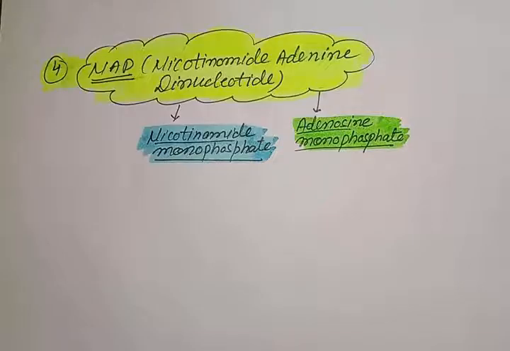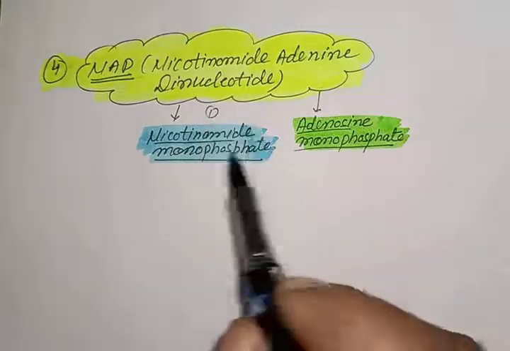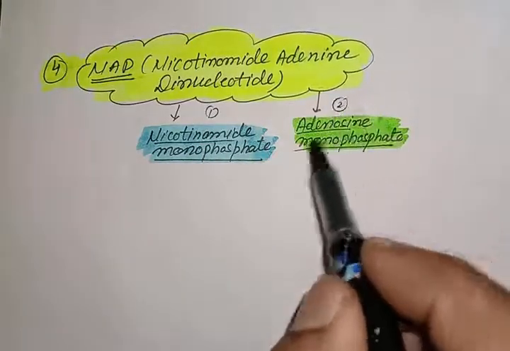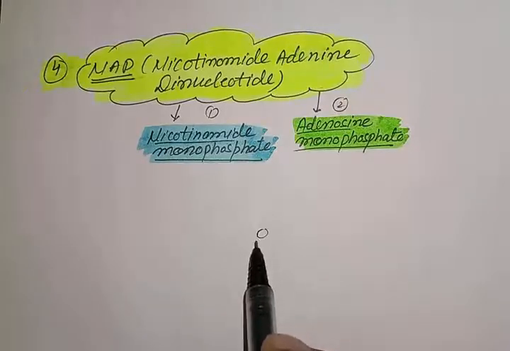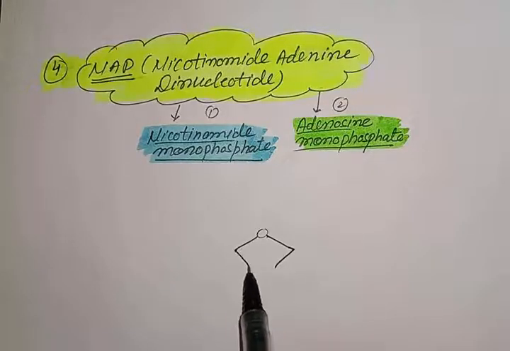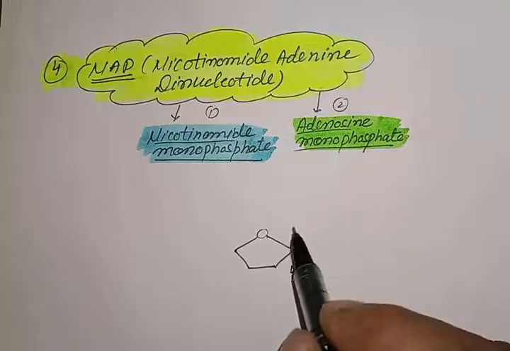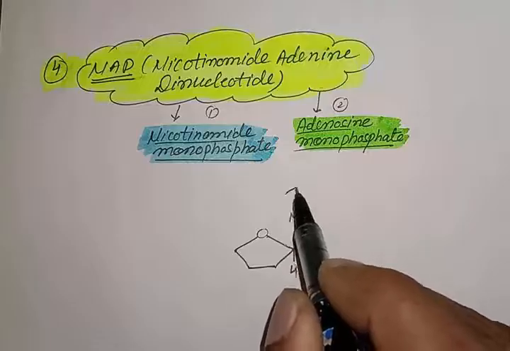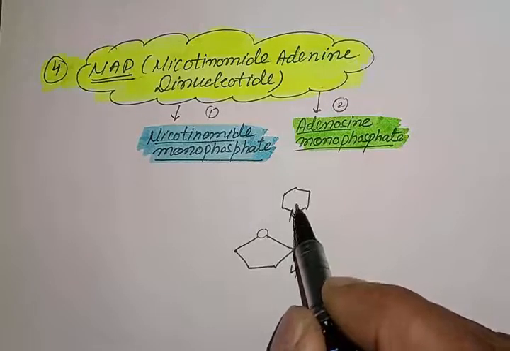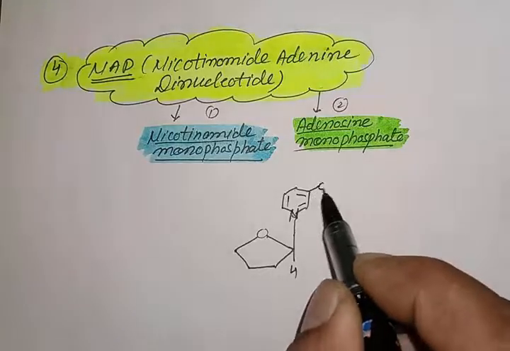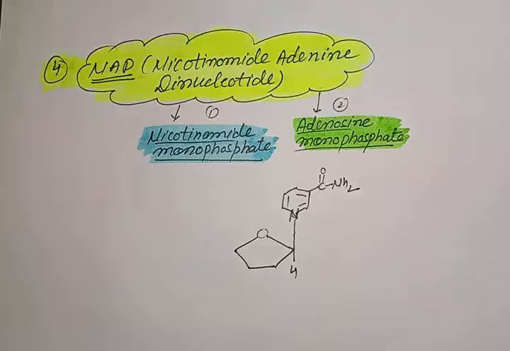The next important molecule is NAD, a nicotinamide adenine dinucleotide. The NAD molecule is also made up of two units, that is nicotinamide monophosphate and adenosine monophosphate. So there is a pentose sugar, that is a five-membered ring. At this carbon a nicotinamide group is attached, which has a six-membered ring with nitrogen at this position and double bonds, and this one is C double bond O NH2 group.